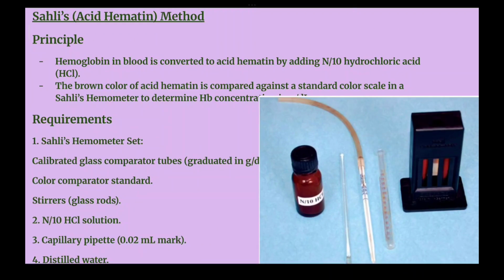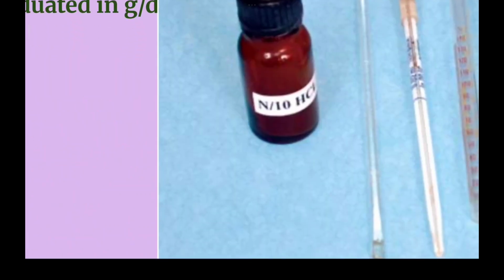So the Sahli's hemoglobinometer consists of calibrated glass comparator tubes on both sides which have gradations of gram per deciliter, and the color standard is also present along with these tubes. There is a stirrer, the glass rod, that is placed here.